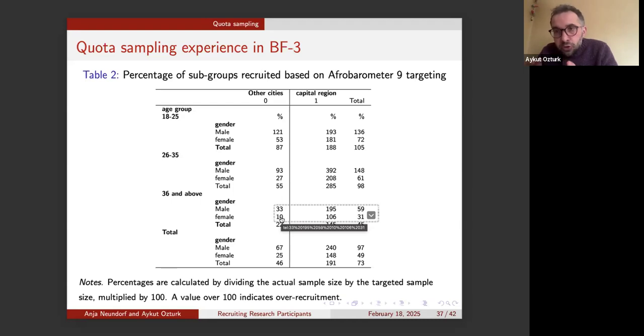So even if you keep your advertisements open for a longer time, sometimes the pool is just not enough. There will not be enough interest in your advertisement, especially in a country like Burkina Faso. Only 27 we could reach in terms of middle-aged females living in rural areas, and so on. On the other hand, we over-recruited from the capital region in Burkina Faso.